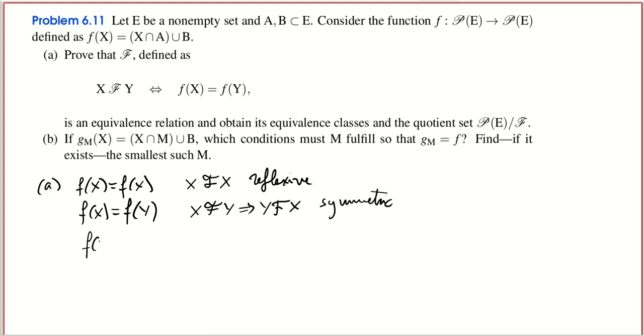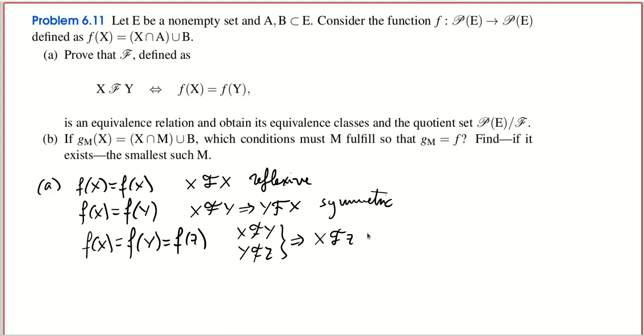And if f of x is equal to f of y and f of y is equal to f of z, well, you can see in this chain of equalities that f of x is equal to f of z, which means that if x is related to y and y is related to z, then x is related to z, which means it's transitive.